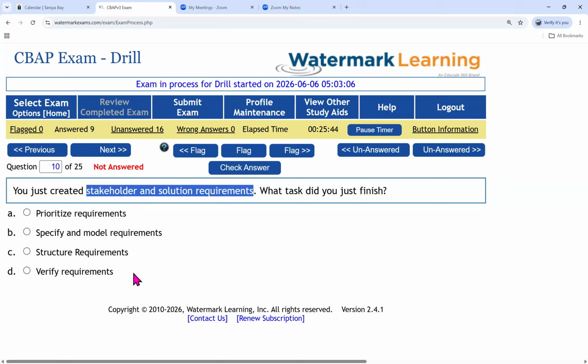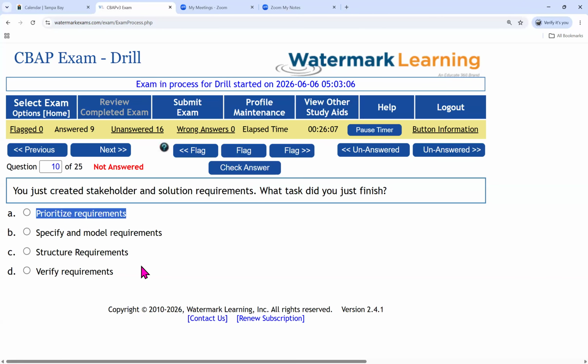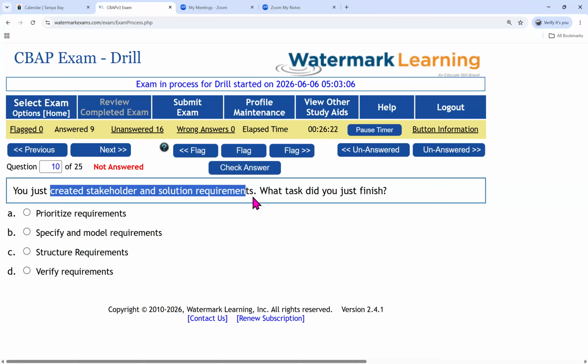I know that specify and verify are. Structure requirements and prioritize. I think we prioritize in the previous one, but structure requirements, I didn't see that specific term. It's not there. Okay, so if we created our stakeholder and solution requirements, which task is it we have done?